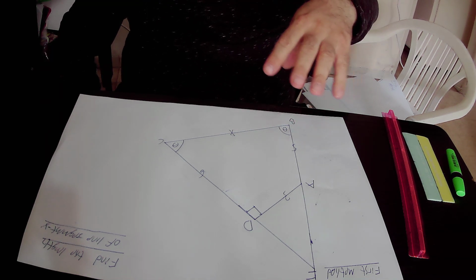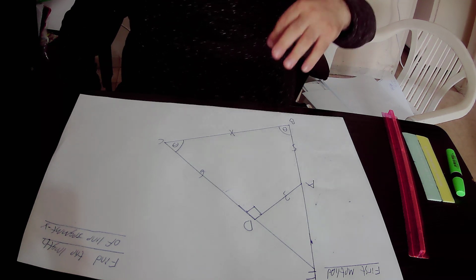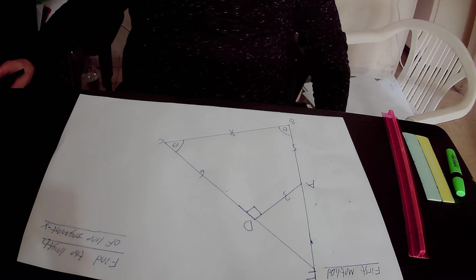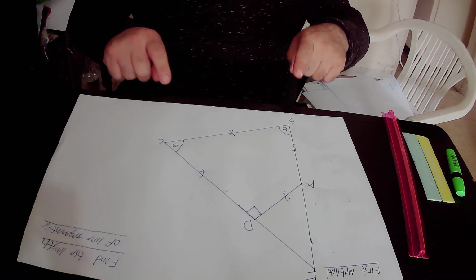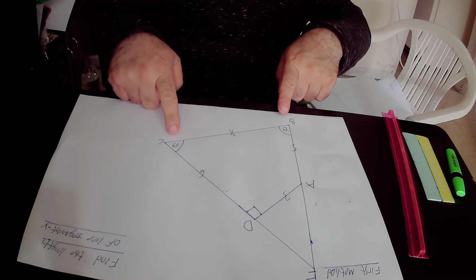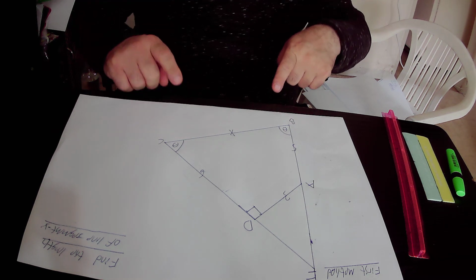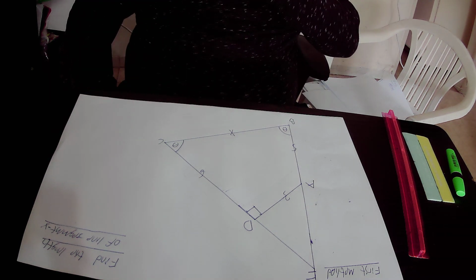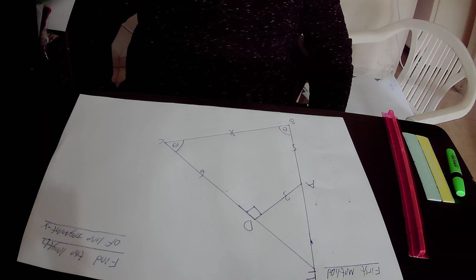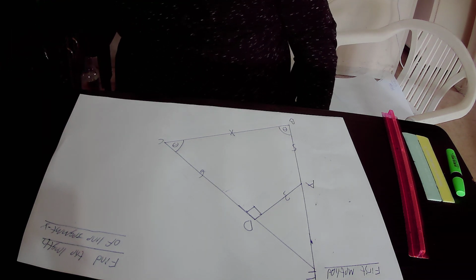So created here is triangle EBC. In triangle EBC we have two angles that are equal to each other. Both of those angles are equal to theta. And in the next step I will present a new rule, rule number 1.